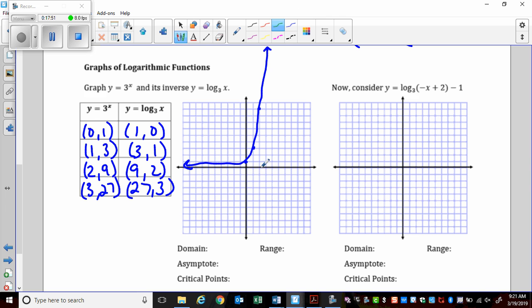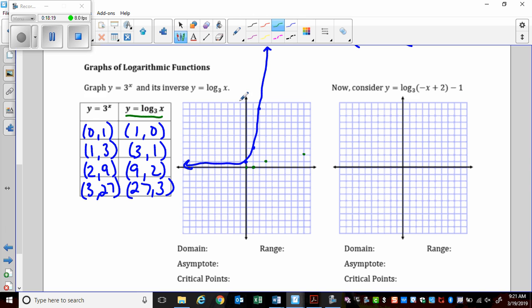And my log is going to be at 1, 0. So this is going to be, log is in green. 1, 0, 3, 1, 9, 2, and 27, we're at 3.